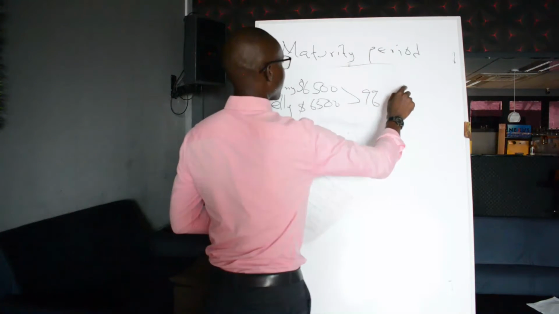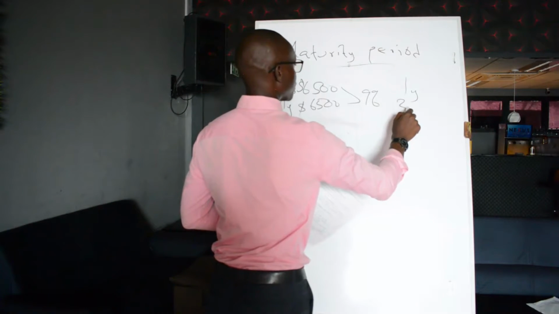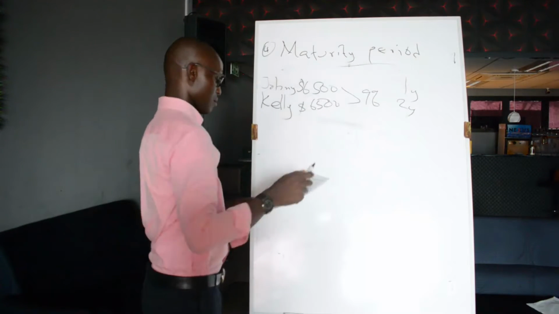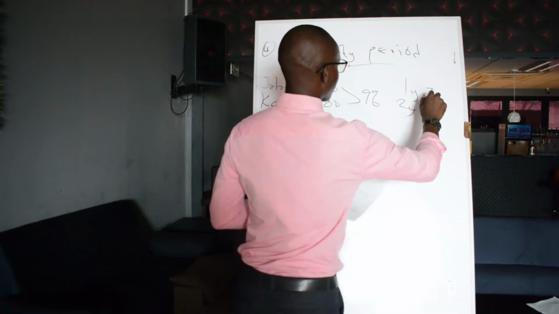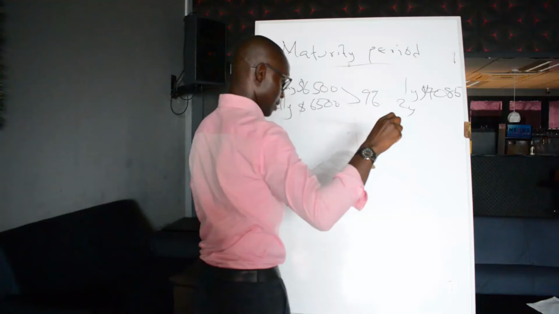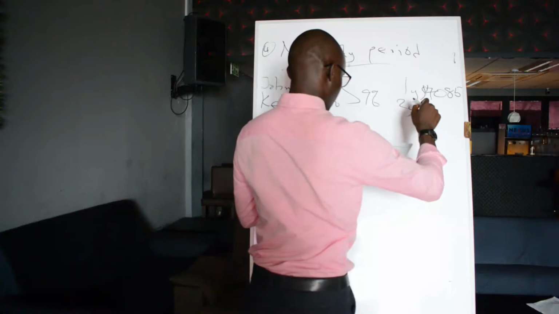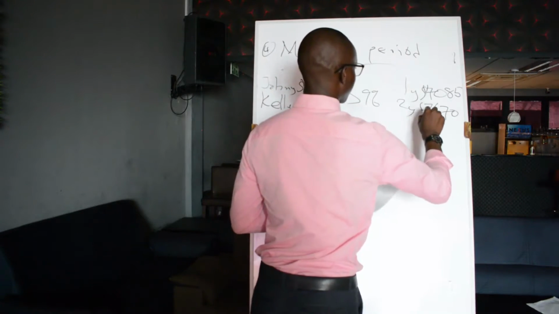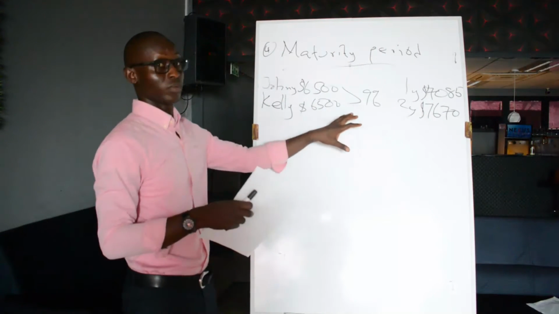Johnny is investing for 1 year, and then Kelly is investing for 2 years. By the close of the maturity period, Johnny will get 7085 USD, and then Kelly will get 7670 USD.